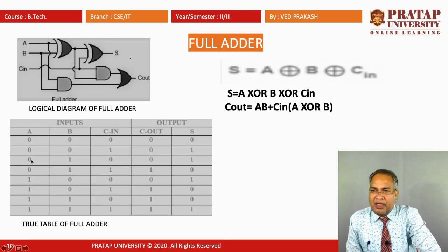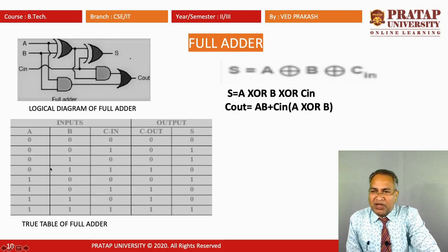If A is 0, B is 1 and C in is 0, then carry output is 0 and sum is 1. So, in short we can say if two inputs are 0 and one input is 1, then carry out is 0 and sum is 1.